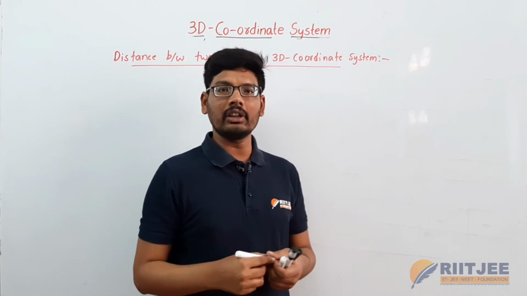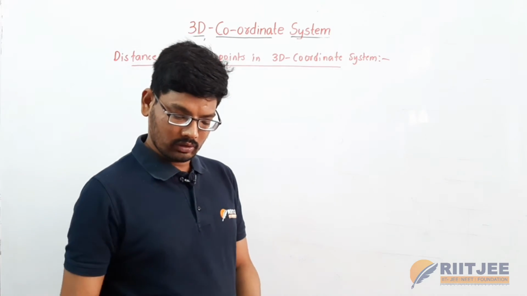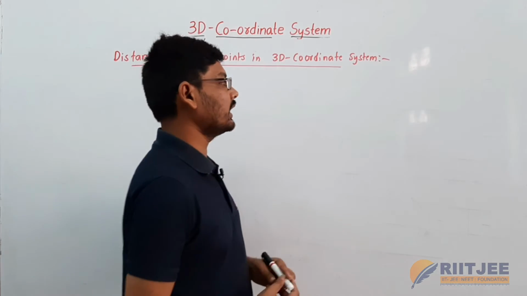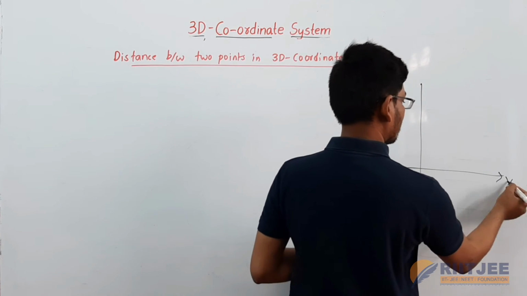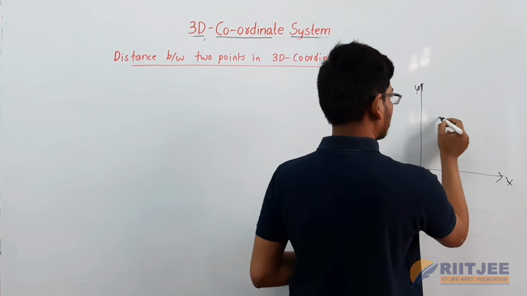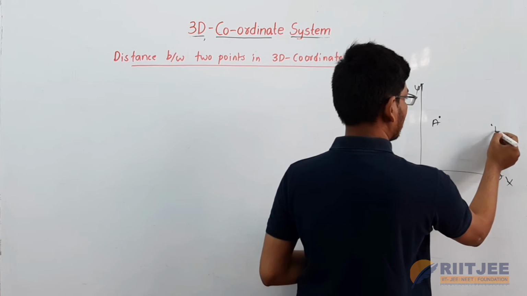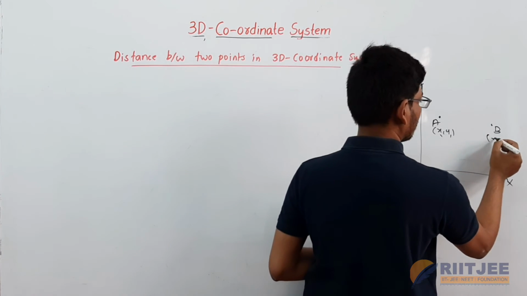The distance between 2 points in a 3D coordinate system, so generally in a 2D coordinate system, here this is an x-axis, x dash, y dash. So here this is A, this is B. So this is x1 comma y1, this is B, x2 comma y2.